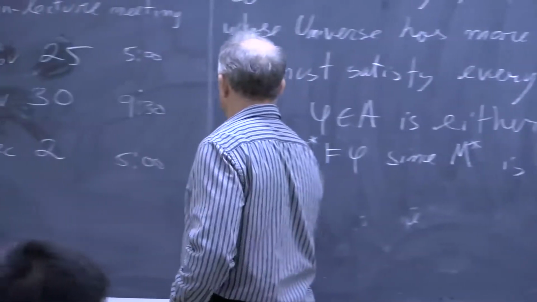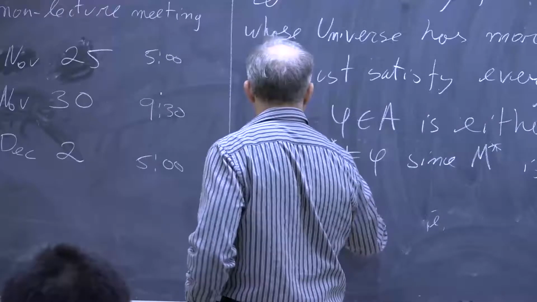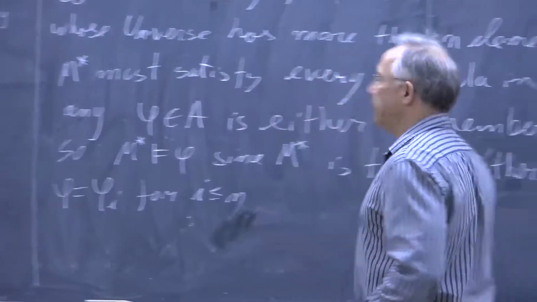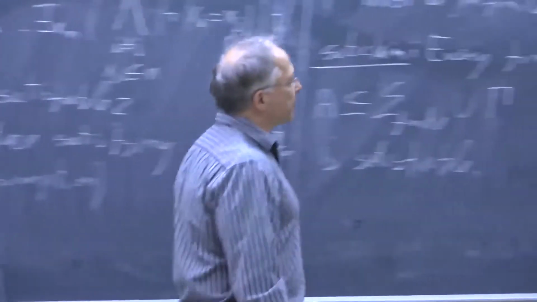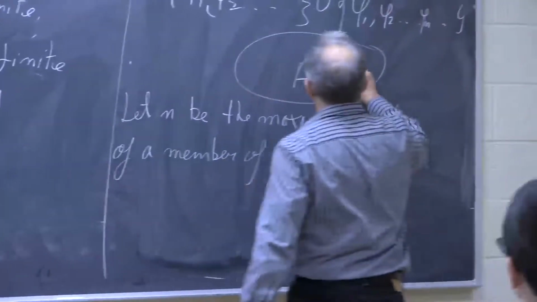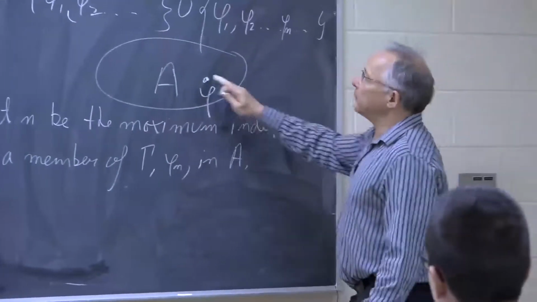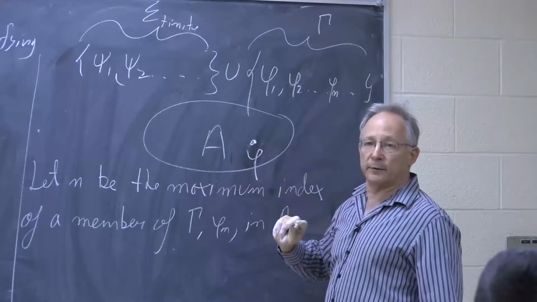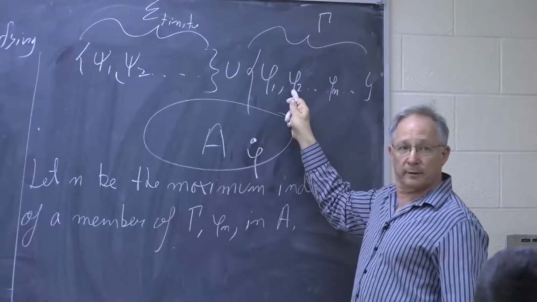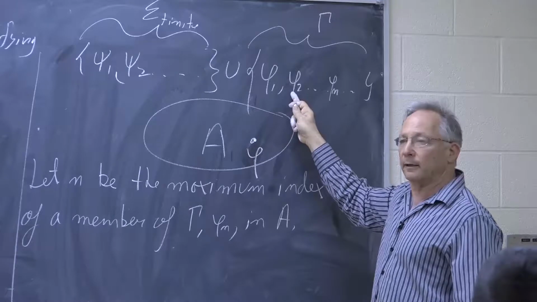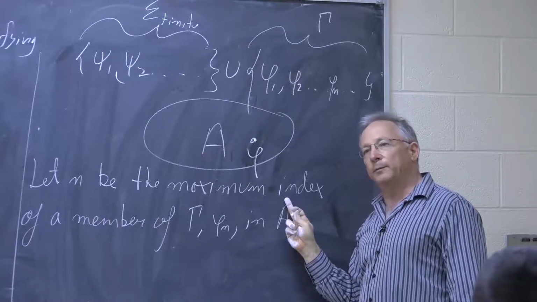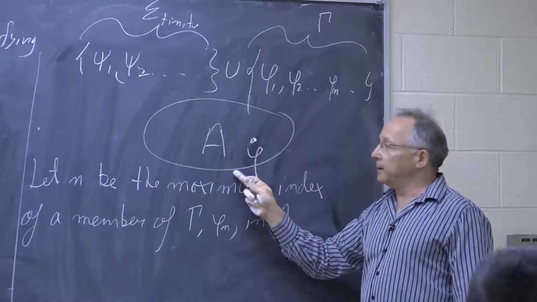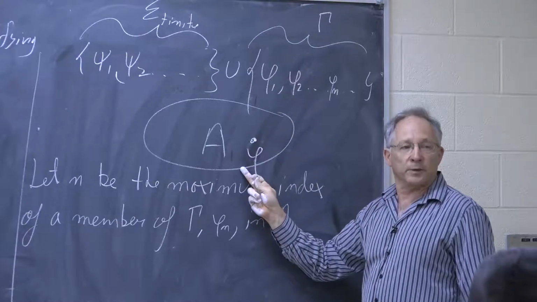phi equals some phi I for I less or equal n. Right? If I pick some phi here from A, either it came from sigma finite, so it's satisfied because I have a finite structure. If not, it came from here. But if it came from here, since n was the maximum index of a phi that came from here, this phi has index at most n.